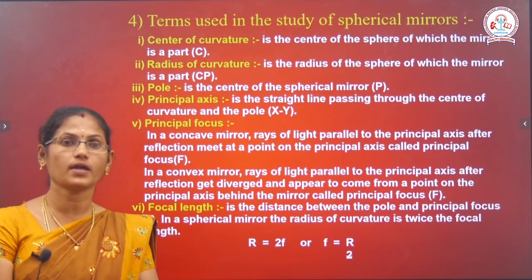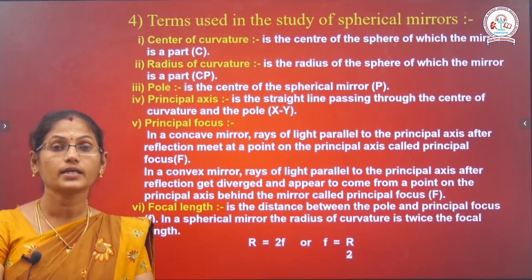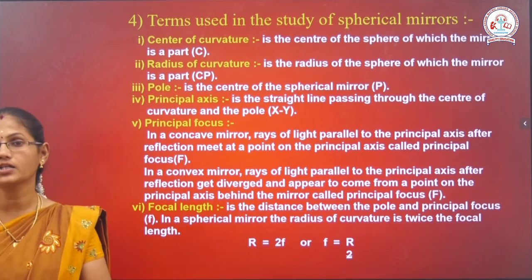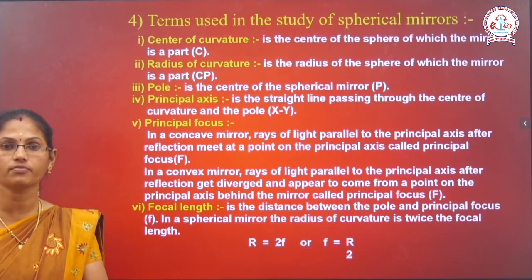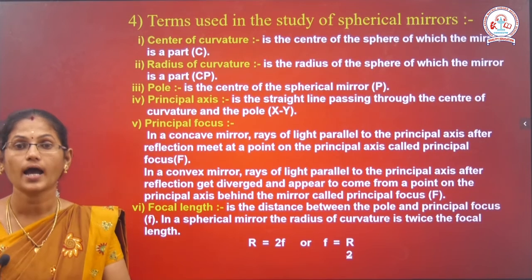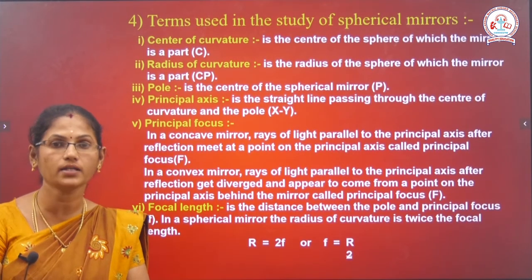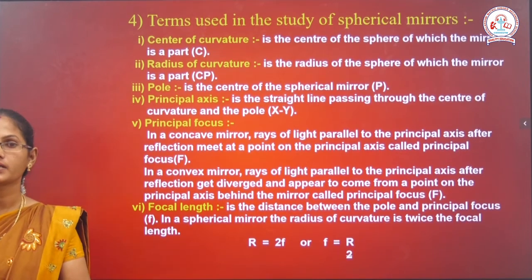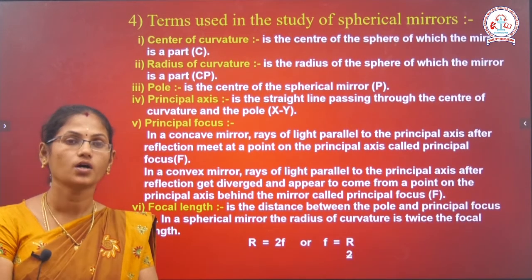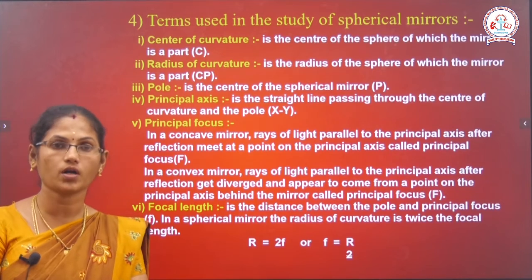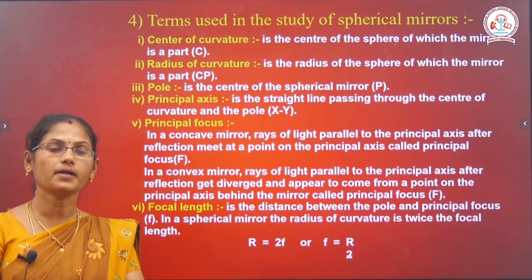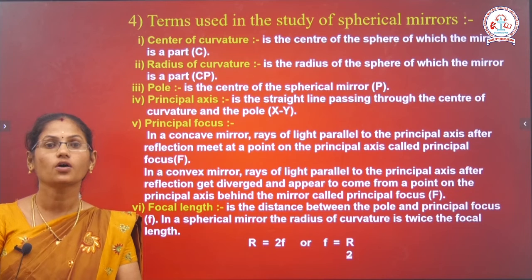For a convex mirror, a ray of light parallel to the principal axis, after reflection, gets diverged and appears to come from a point on the principal axis behind the mirror, which is called the principal focus. So, these are the two examples, for convex and concave mirrors, of the principal focus.